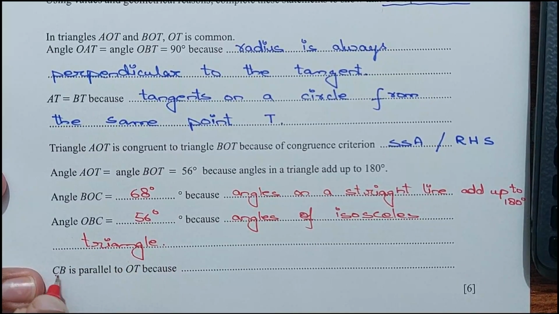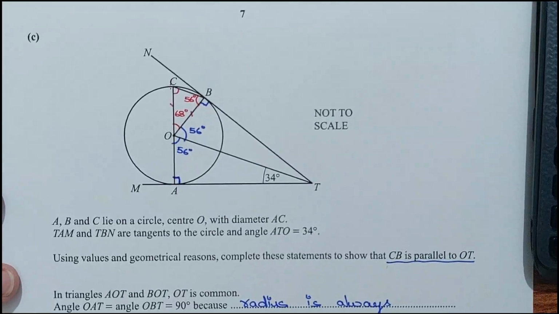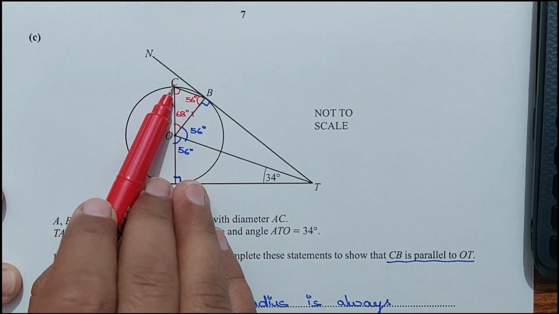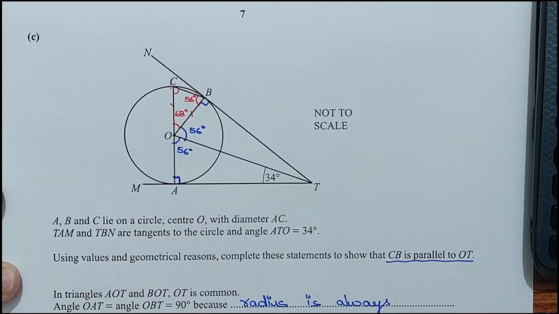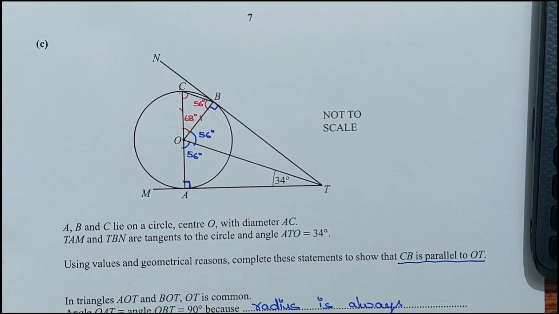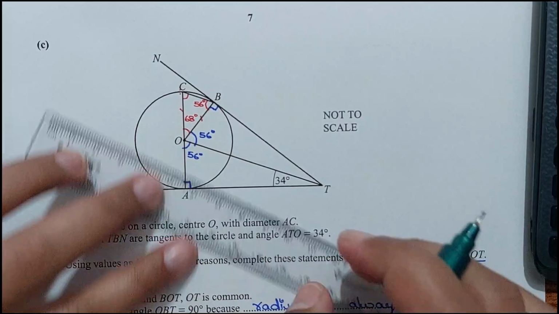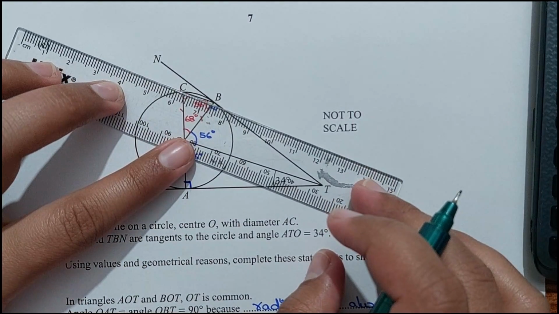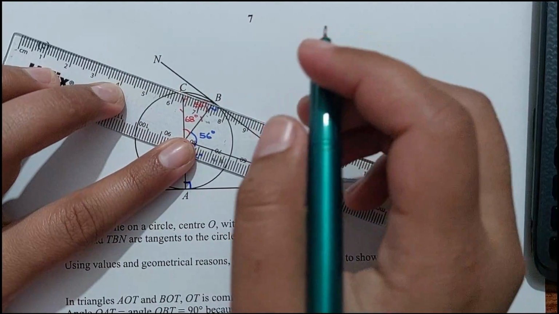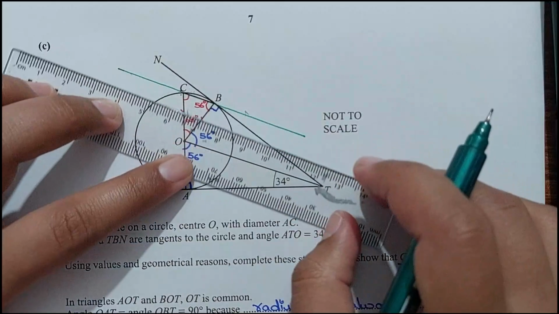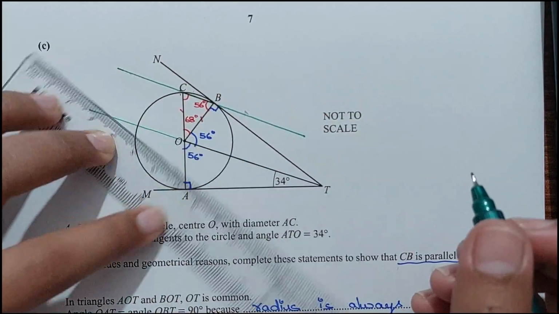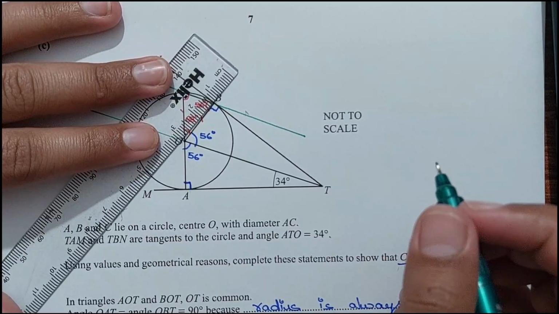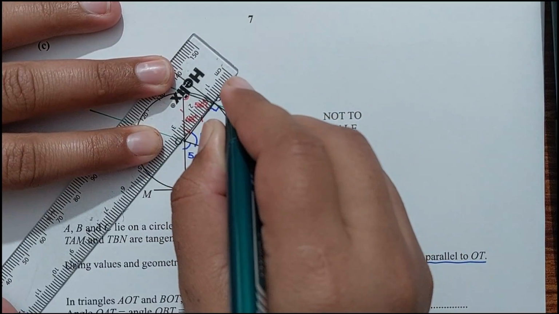Right, now CB is parallel to OT. CB and OT, these two are parallel, right? Let me extend the two lines to visualize the situation. CB, this line, and OT, this line. These are parallel. They are connecting with a line.